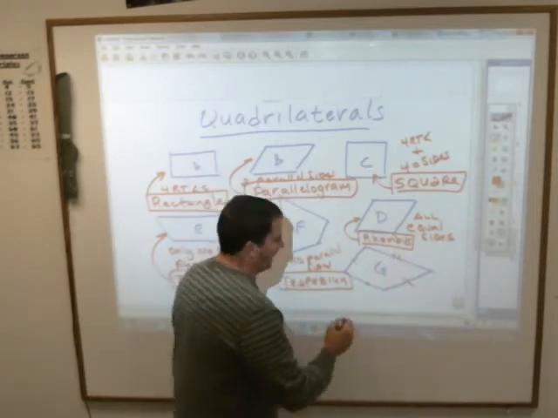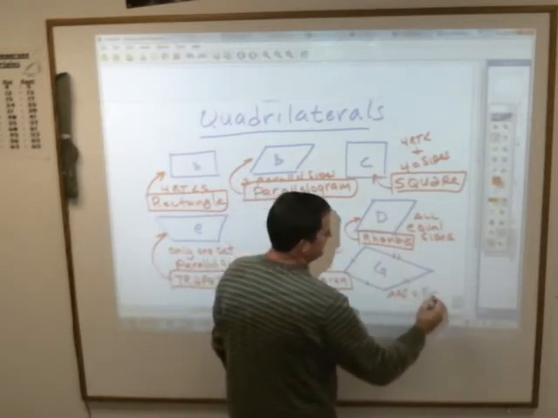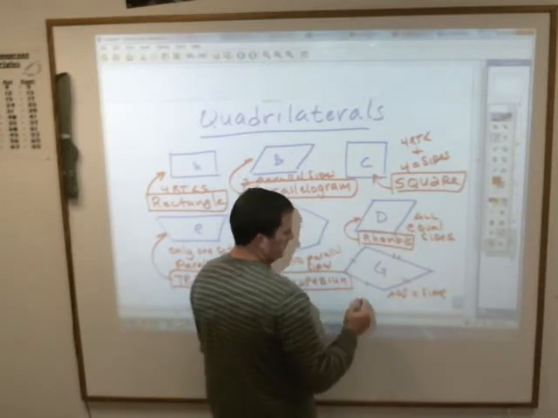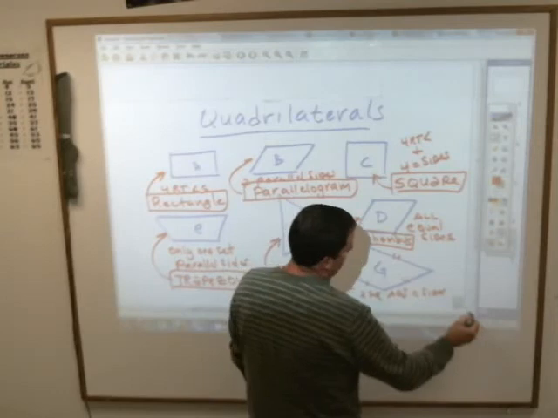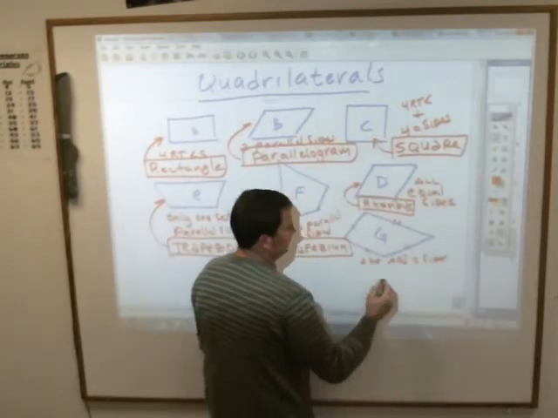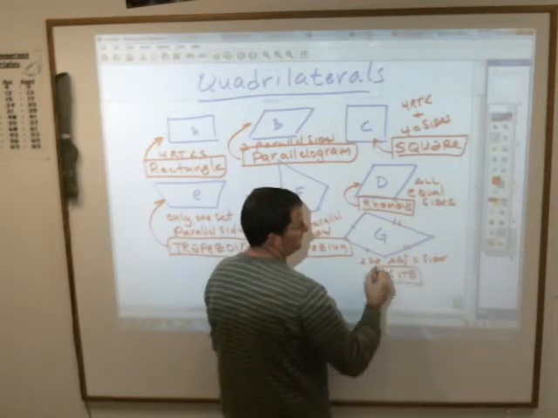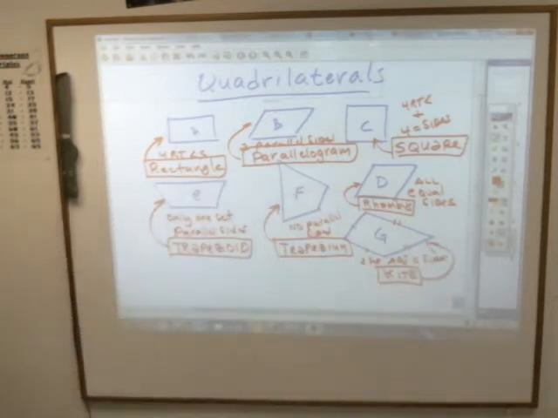Two pairs of adjacent equal sides. And since it's a windy day, this should be the first thing that comes to your mind. Kala, again looking in the book, throws out a kite. Yeah, it's a kite. Wow, that's a lot of quadrilateral for you.